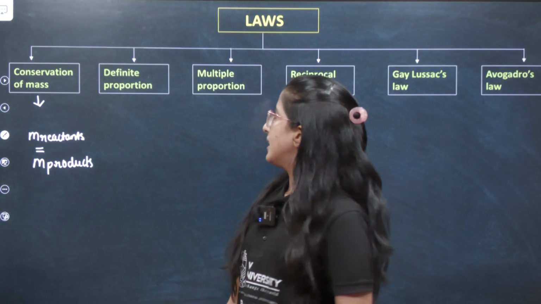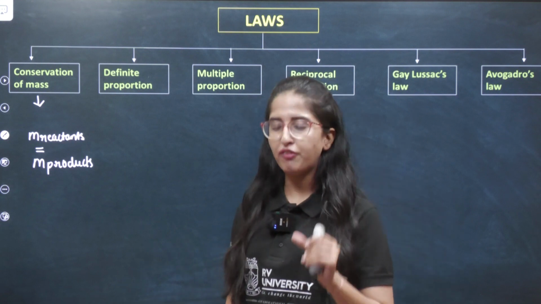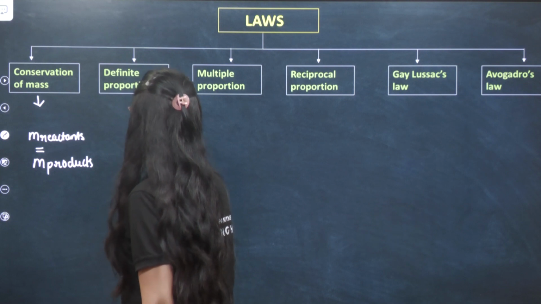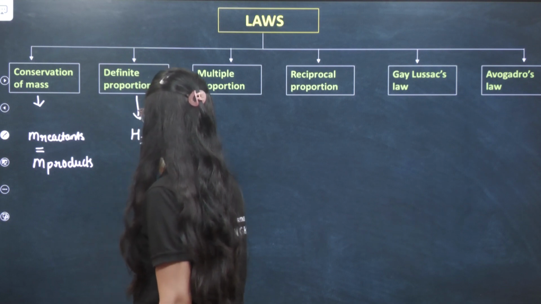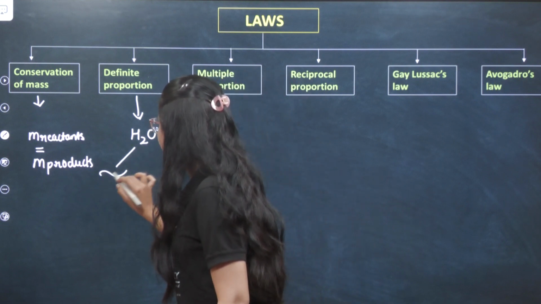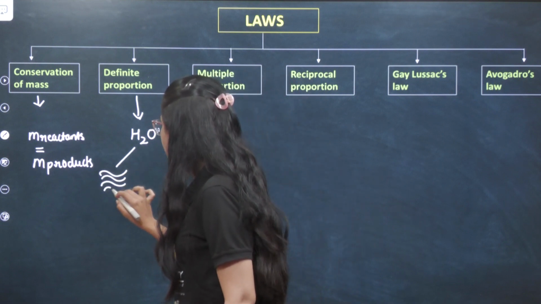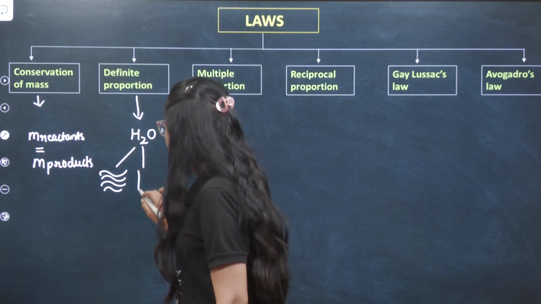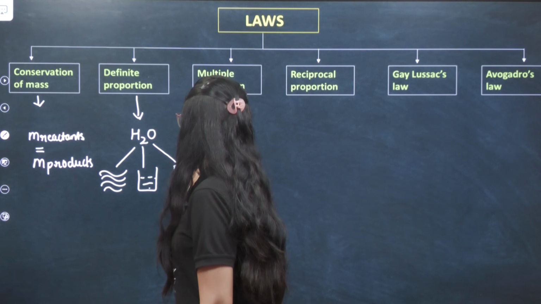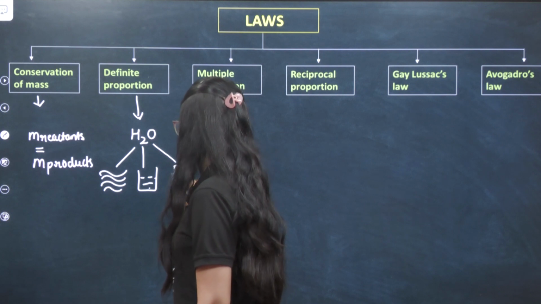Understand? Next, definite proportion. Law of definite proportion actually says that if you take water, H2O, correct? Now you take this water from a sea. Just imagine. And there is water in a beaker. And you might see water in a water bottle.